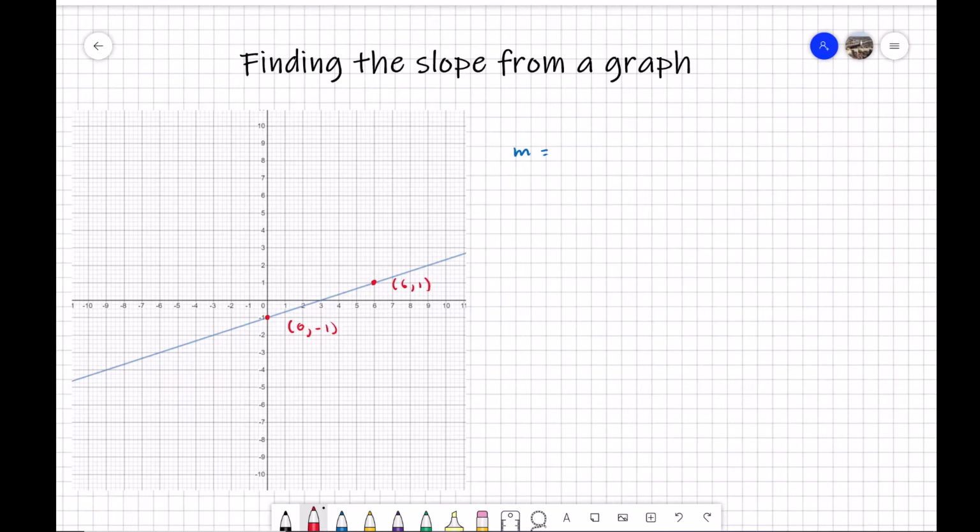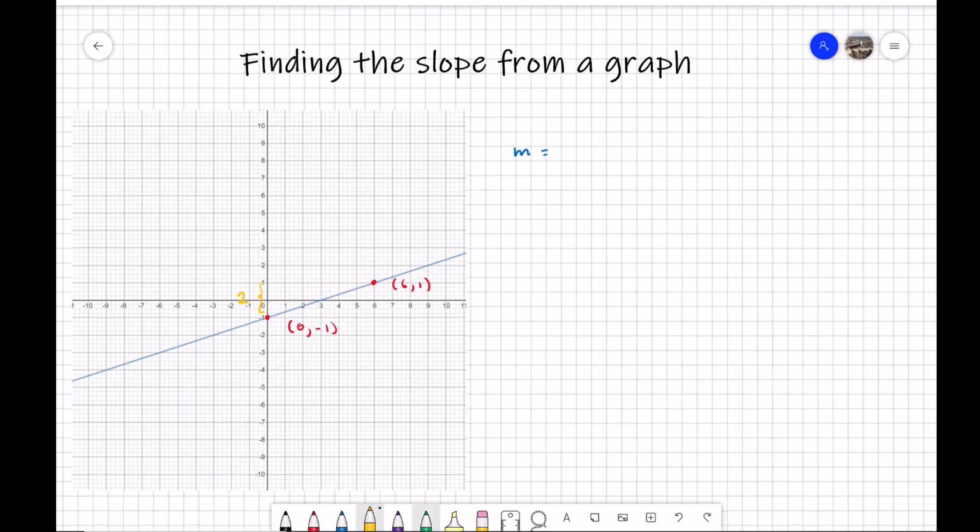Now all I have to do is find the change in y and the change in x. The change in y is basically the distance it moved up and down, so in this case it moved 2 positions up.